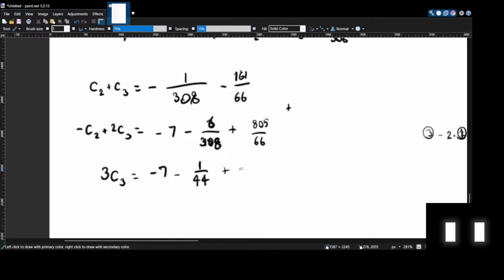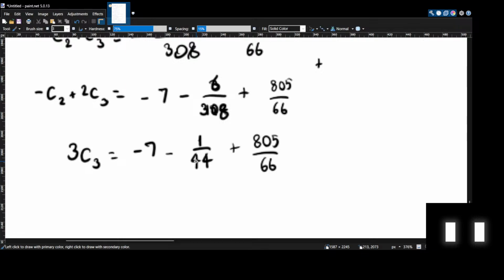And this one becomes 805 over 66, which fortunately means that they have a common factor of 11, which means if I multiply this thing here by 3 and multiply this thing here by 2, we should be able to combine them.